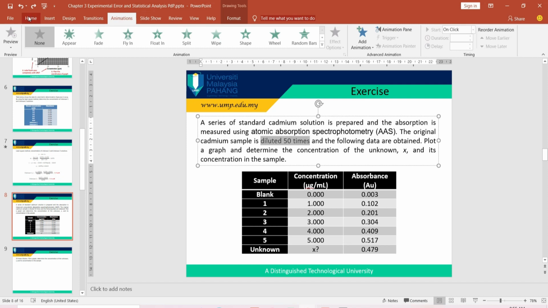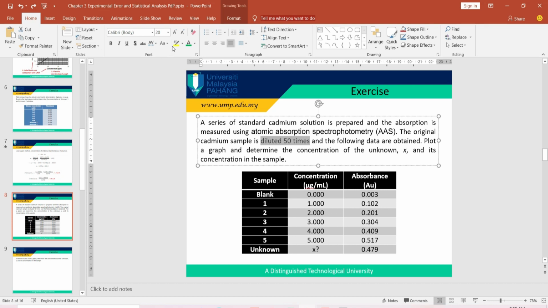You may highlight or bold the information given, and then you are asked to plot a graph. Previously, you found the concentration using the least square method. But now, you need to plot the graph first and then determine the concentration of the unknown.